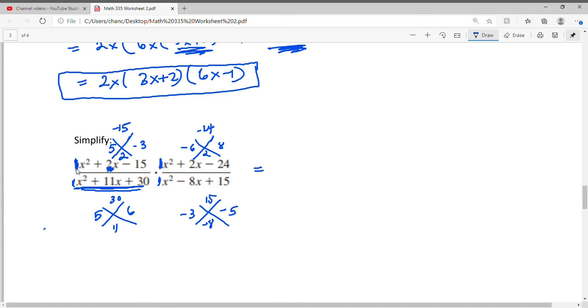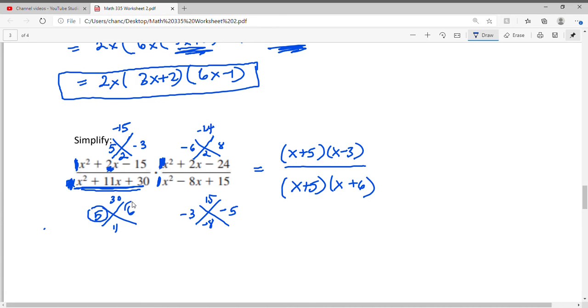When there's a leading coefficient of 1, that's really nice because you can just write down your solution. You don't have to use the AC method. This becomes x plus 5, x minus 3, and on the bottom we have x plus 5, x plus 6. Really nice. I just need to write down my numbers because the leading coefficient is 1.